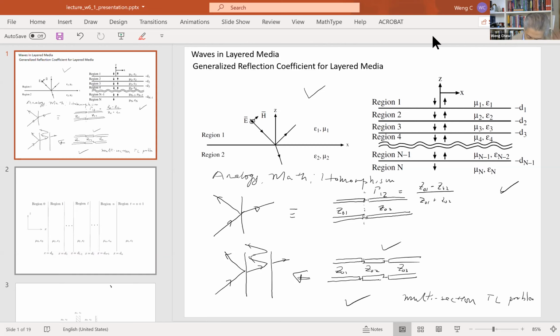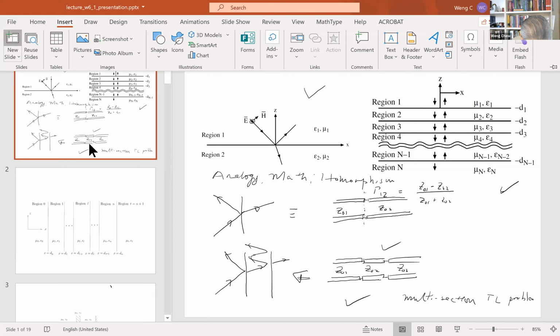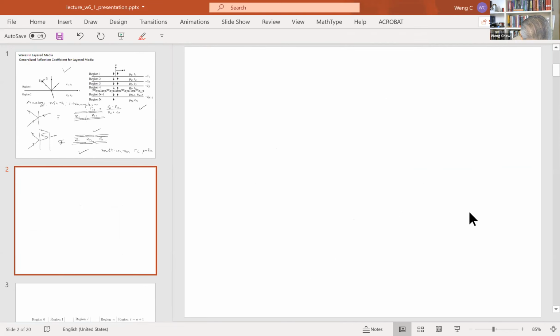What we found was that we have some kind of a generalized reflection coefficient, and the generalized reflection coefficient was given by gamma 1,2 tilde, which is a reflection coefficient including multiple reflection from the background or behind the first junction. And then we derive this recursive formula.